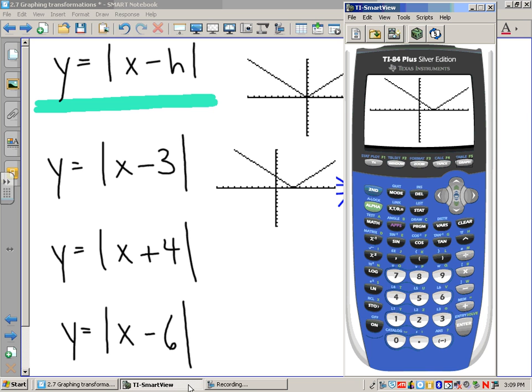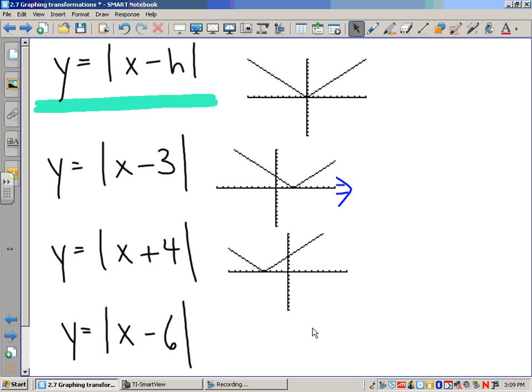If I look at the absolute value of x plus 4, it moved left 4. So whatever that number is inside, it moved right or left the opposite direction of what you would think.